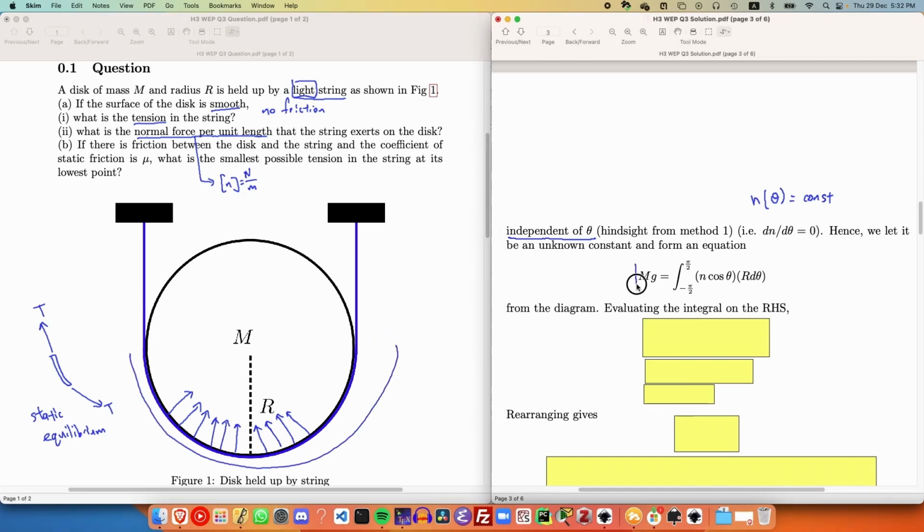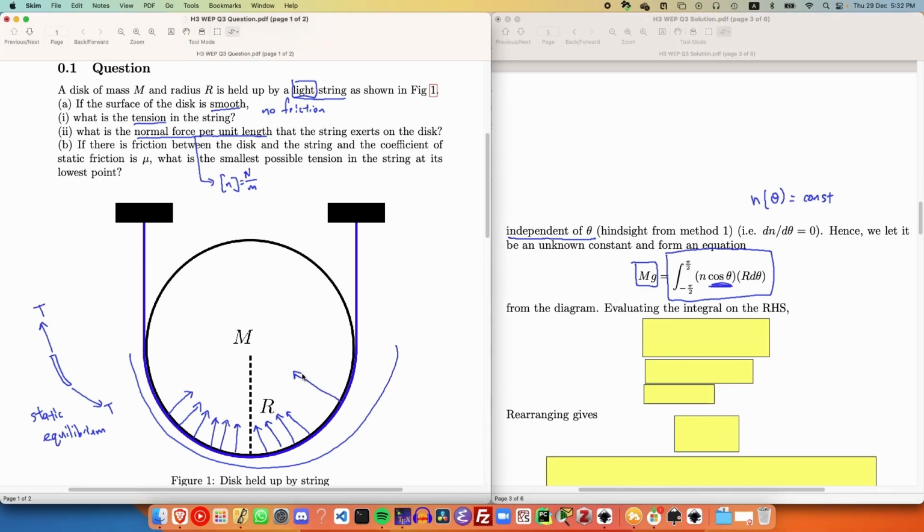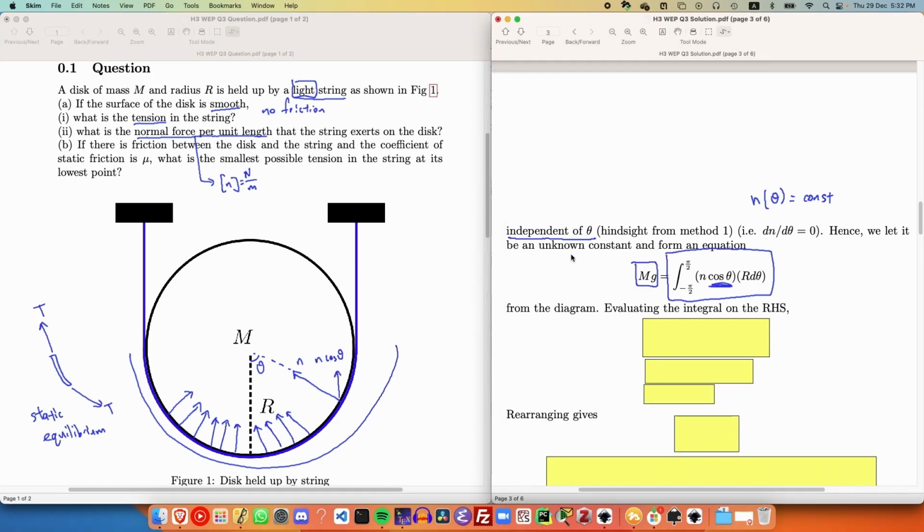The weight of the disk is mg, and this is the sum of all the tiny contributions of normal contact forces. We have a cosine theta here because a normal force at the angle of theta would have a vertical component of n cos theta. Because we know n is constant with respect to theta, we can pull it out as a constant, and evaluating the integral gives us this. Rearranging then gives us the answer.